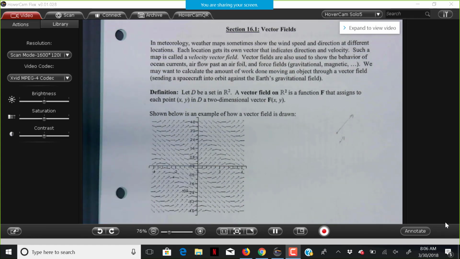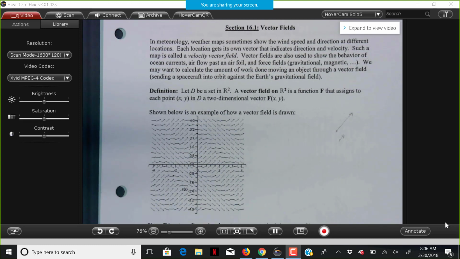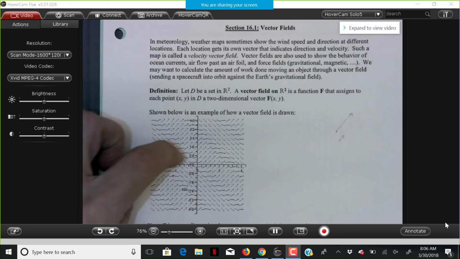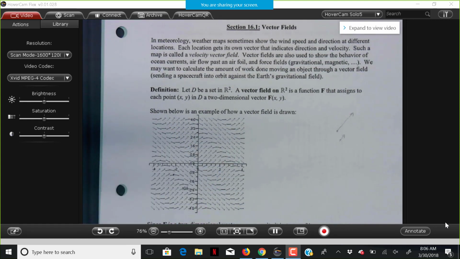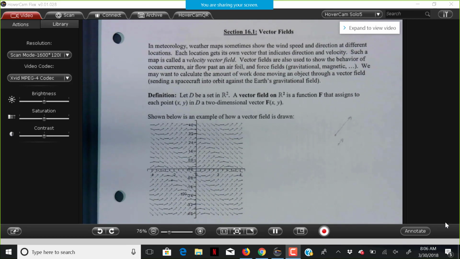I used Maple to produce this vector field. Maple will usually use the same size arrow all the time, so you may not be able to tell magnitude. You can tell direction, but you often can't tell magnitude. There are some commands you can put in, and it will do gradation, so bolder means stronger.